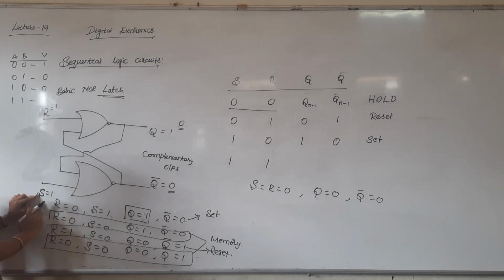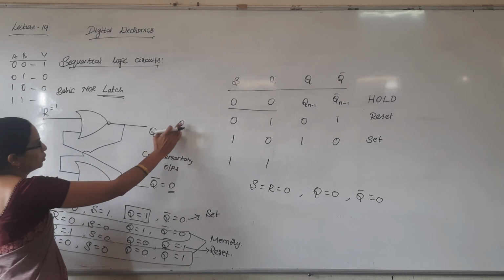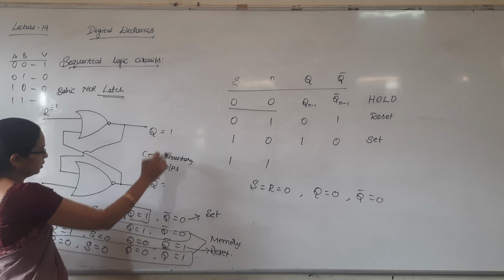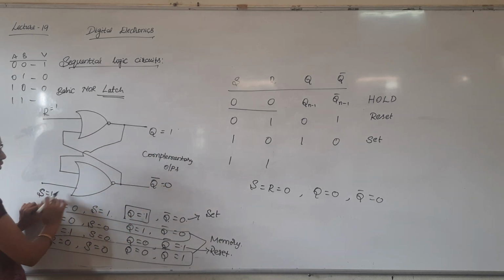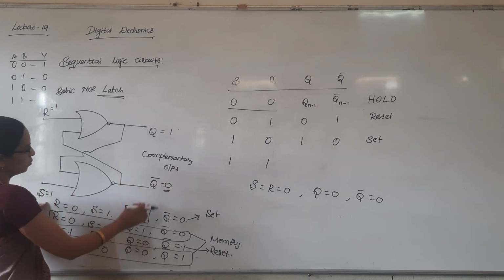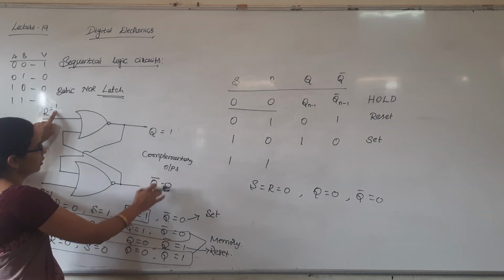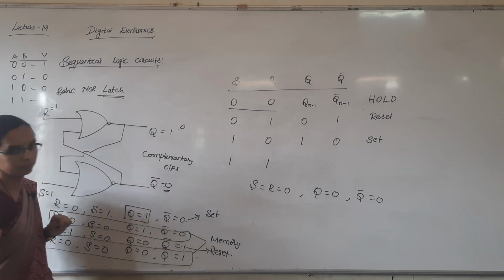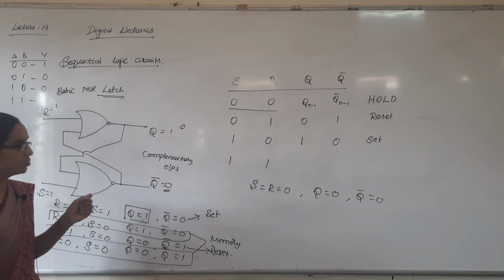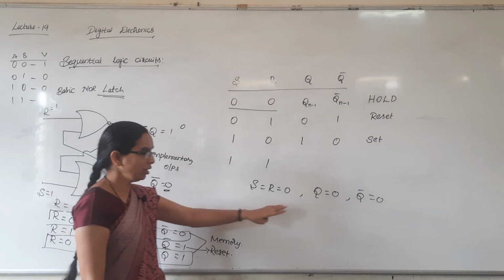When S is equal to 1, Q was earlier 1 and Q bar was 0. 1 and 1 it is 0, and 0 and 1 again it is 0 only. So both are trying to be 0.